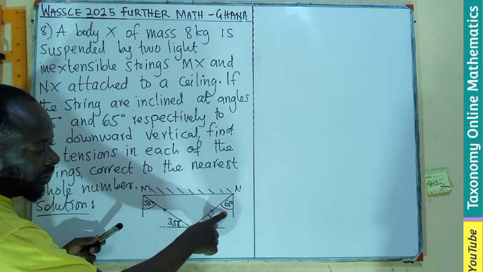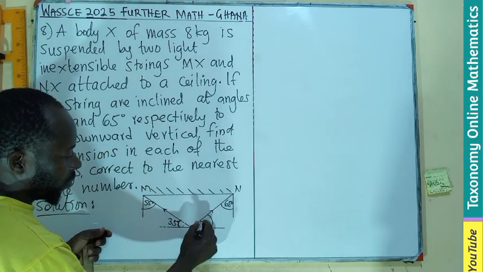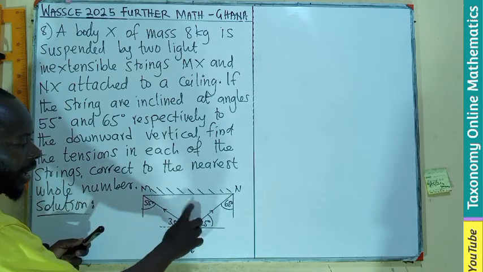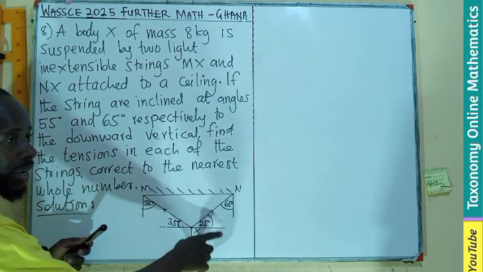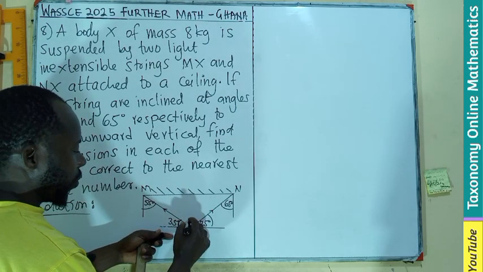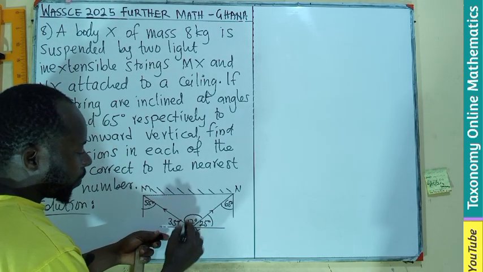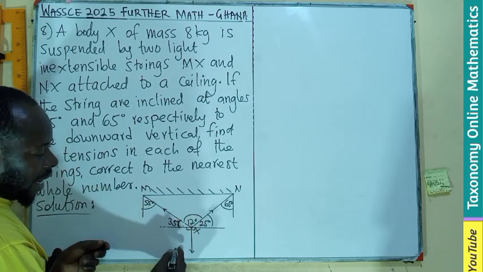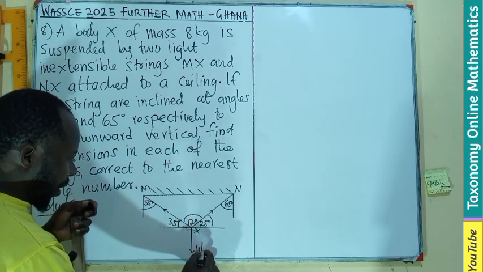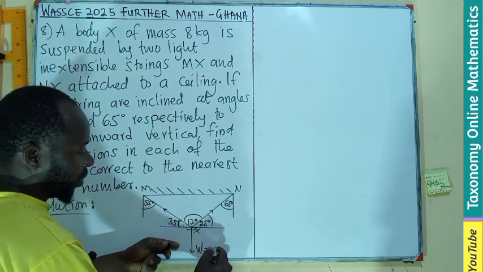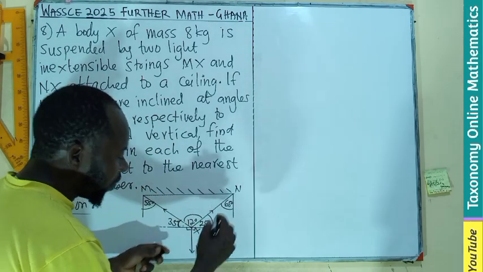That will be 25, right? So this also becomes 25 degrees. Angles on a straight line add up to 180. Therefore, 60 minus that will give you 120. And I believe here is going to be 90, 90. The weight of the body is mg, the force of gravity, which is going to be 80 Newton.